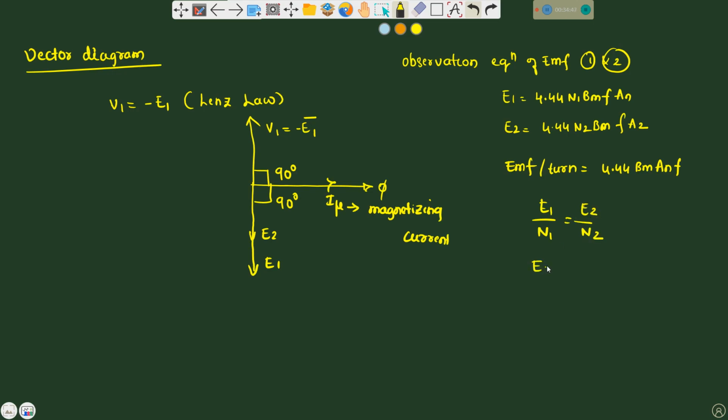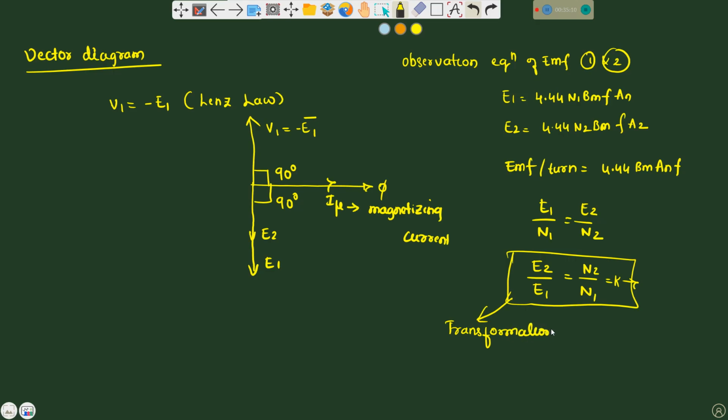It can be written as E2 divided by E1 equals N2 divided by N1, which is called the transformation ratio. Understood?